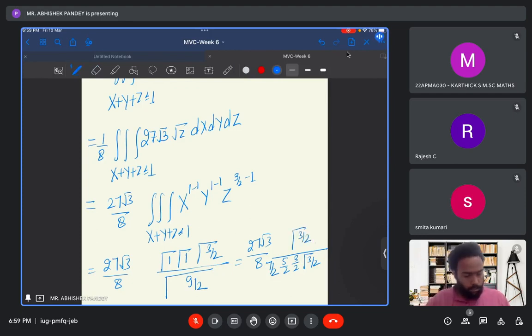So this thing will get cancelled, and you will get 27 root 3 upon 3 into 5 into 7. So this will be 9, and 9 root 3 upon 35. This is your answer.